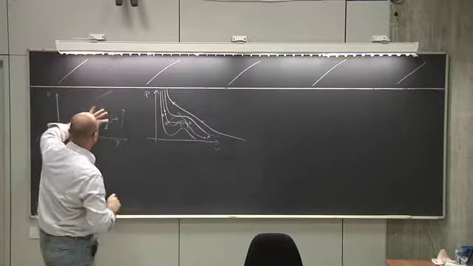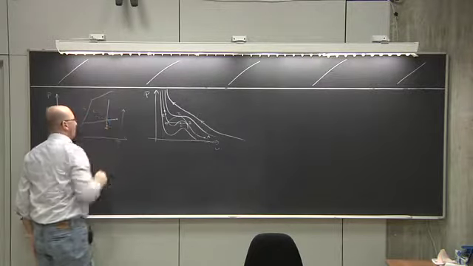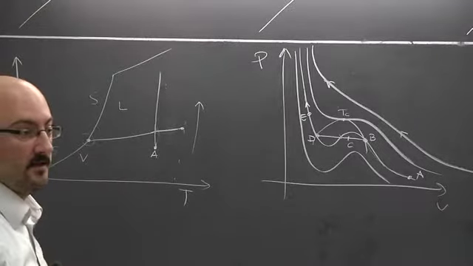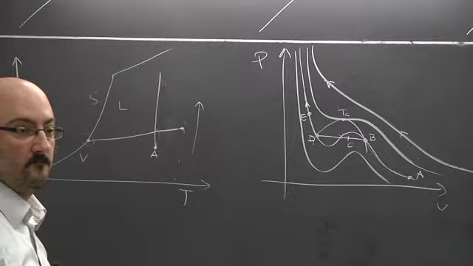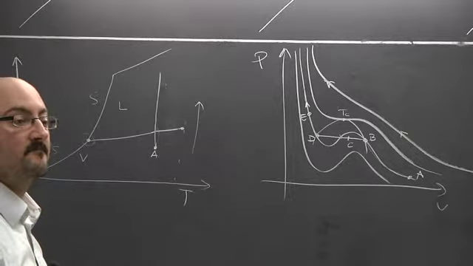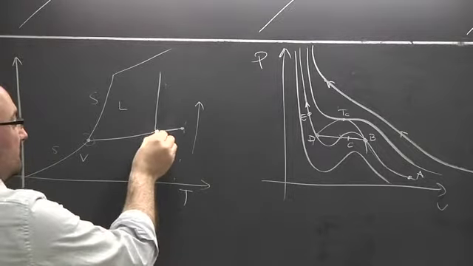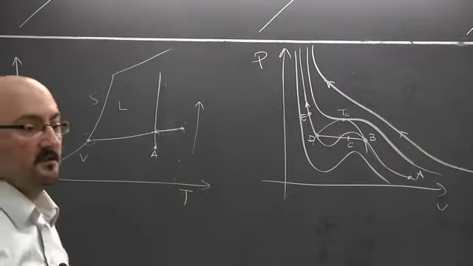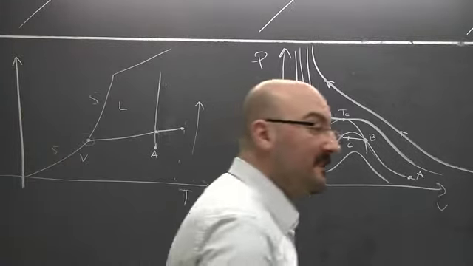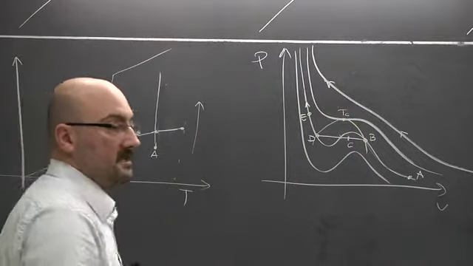So this line should be perfectly vertical. So where is point B on this line? The intersection. Where is point C? Upper. So the pressure of point C is larger than point B.